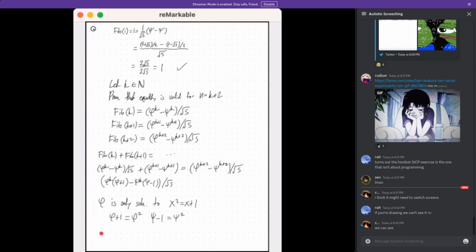So in this case, we get the same expression here, phi to the k plus 2 minus psi to the k plus 2 over radical 5.